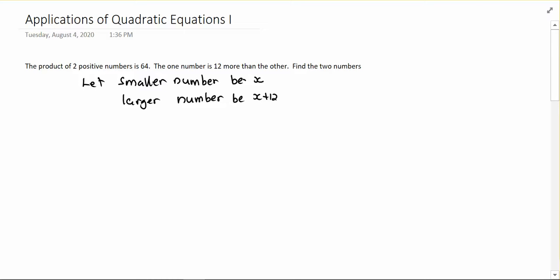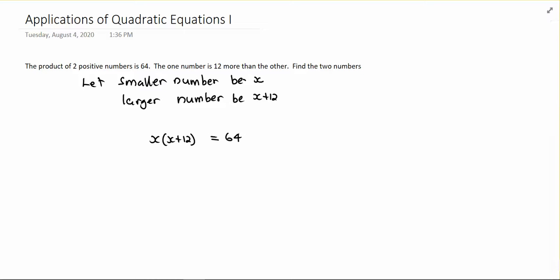So then it says the product of two numbers. Product means to multiply. x times x plus 12, and this is equal to 64. And now we have to solve this equation.